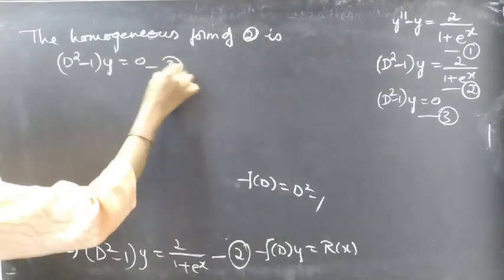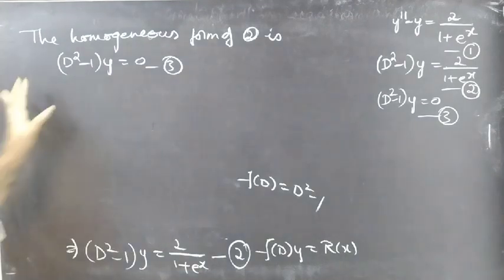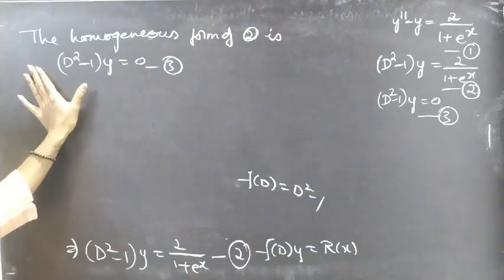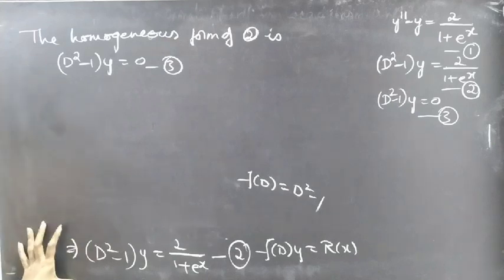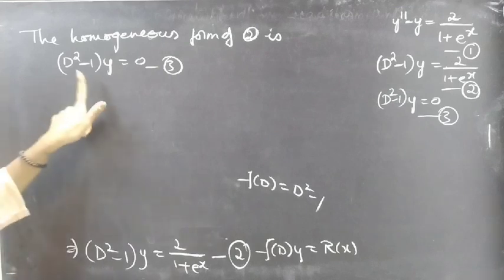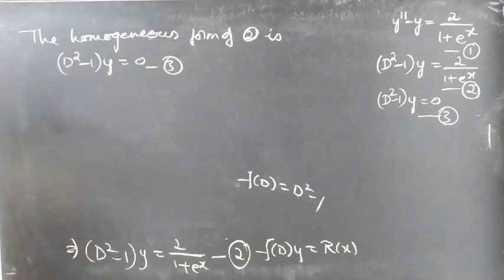Consider it as equation 3. Now we'll find the solution of this homogeneous equation using the auxiliary equation. Later we'll find the solution of equation 2, or the given equation 1, using the solution of equation 3.